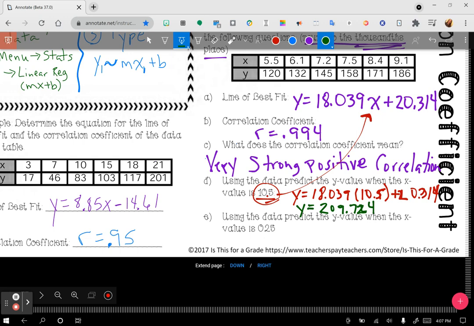Then the next one says, using the data, predict the y value when the x value is 0.25. And do the same thing.